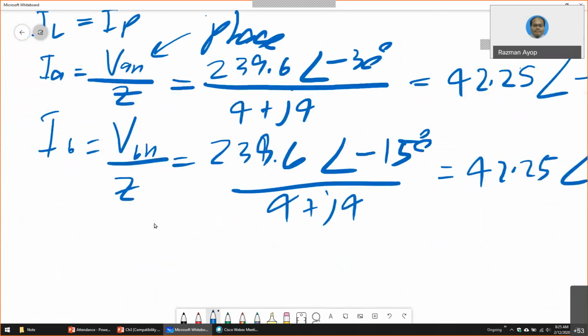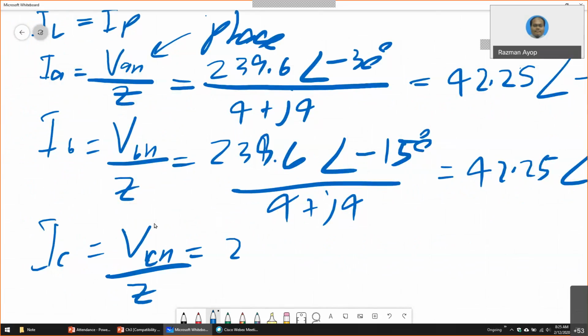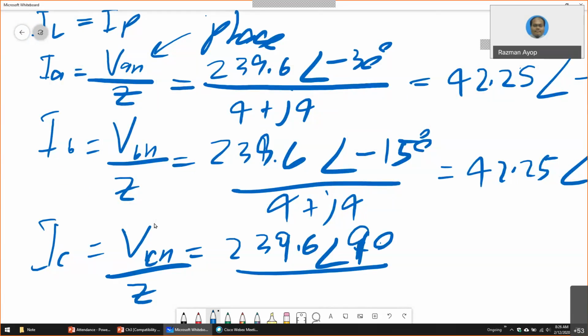And lastly, IC is equal to VCN divided by Z, equals 239.6 angle negative 190 degree, divided by 4 plus J4. If you look here, the amplitude is the same.